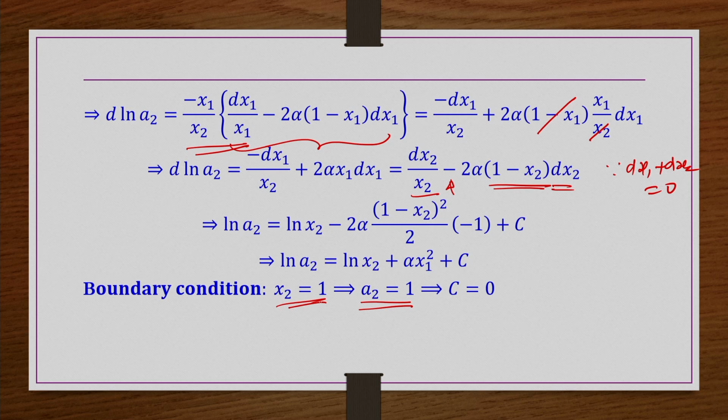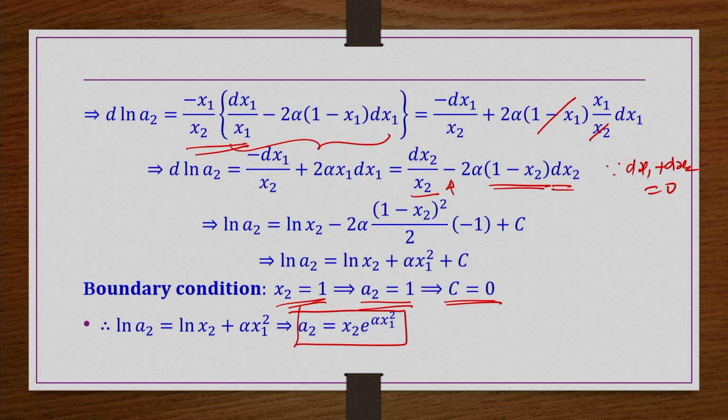The mole fraction is 1 now, because when x2 is equal to 1 it is a pure solution. A pure solution is always an ideal solution, and for an ideal solution activity is equal to the mole fraction. So, A2 is equal to the mole fraction, which here is nothing but 1. If you substitute here, you get C is equal to 0, right. So, that means A2 is equal to x2 exponential of alpha x1 square. So, this is what you get.